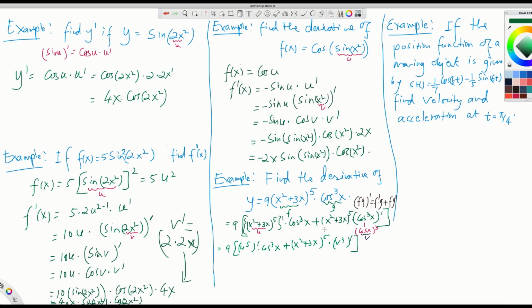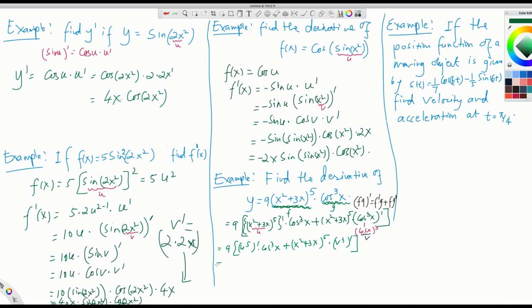You see that? So you can think of this as u to the 5 times v cubed, and you can take the whole thing as f and the whole thing as g. Okay, so what do you get?